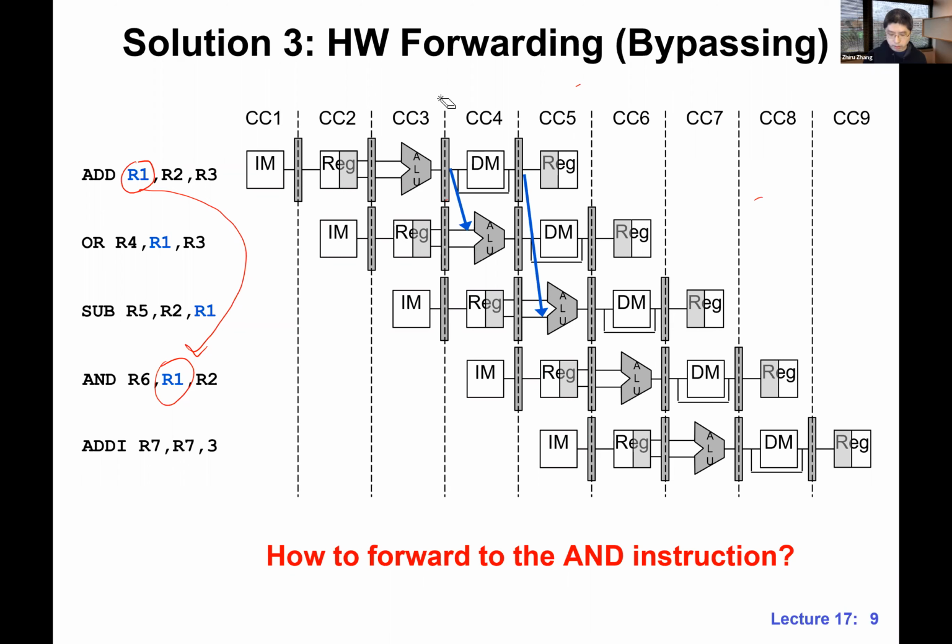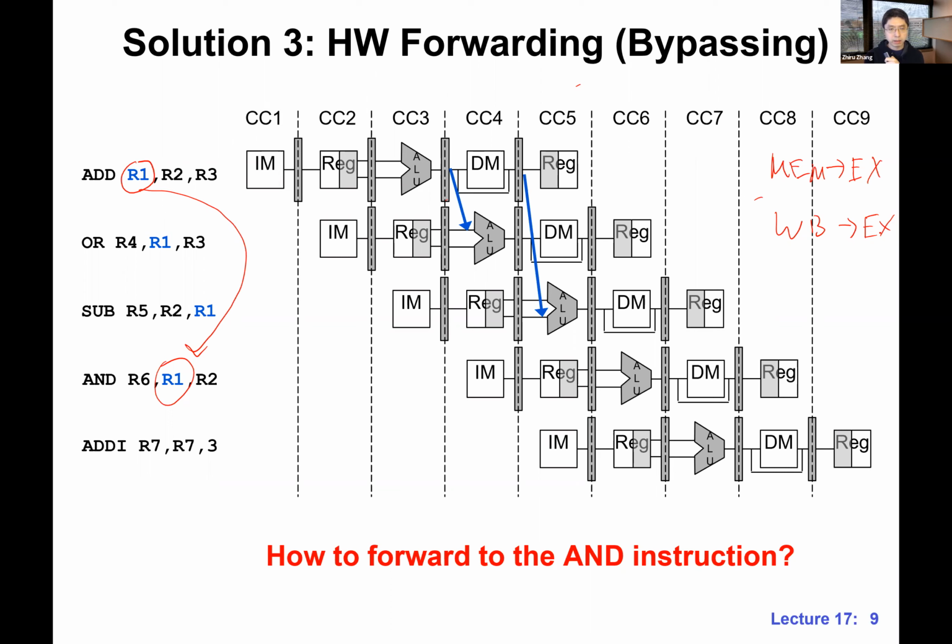So tell me from which stage, the source stage of the forwarding and the destination stage of the forwarding. We have talked about MEM to EX, and WB to EX. How do we forward from here to here?